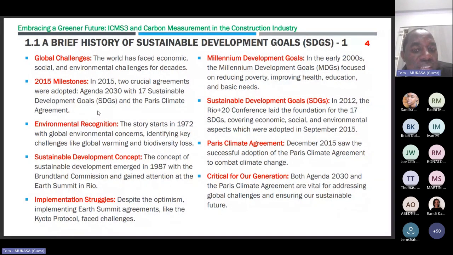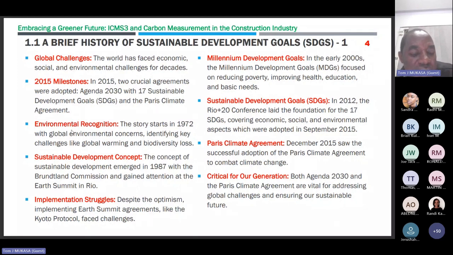However, this story starts around 1972, where people got concerned about our environment. And from then on, they started going into agreements and protocols. But the word sustainability was popularized by a prime minister from Norway, during the Brundtland Commission of 1987.